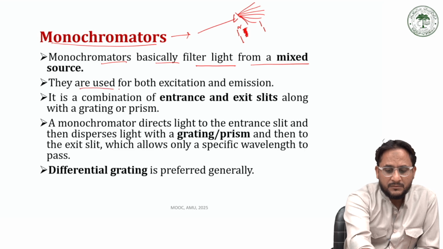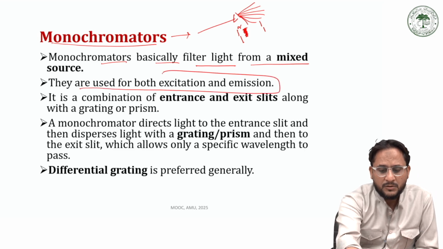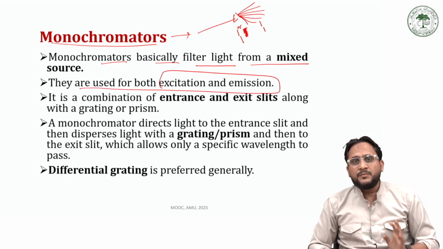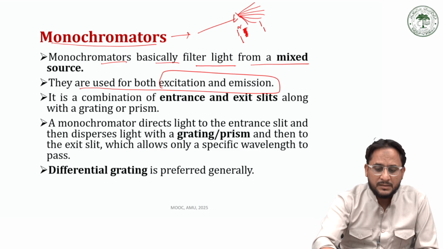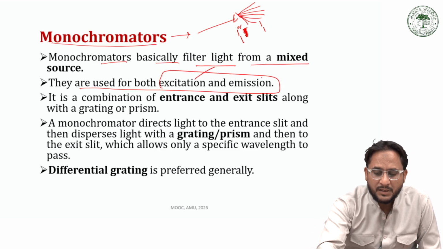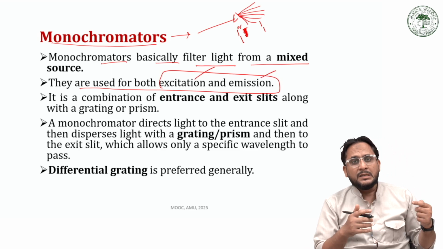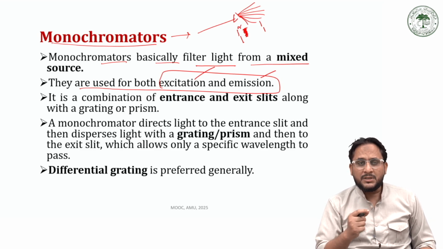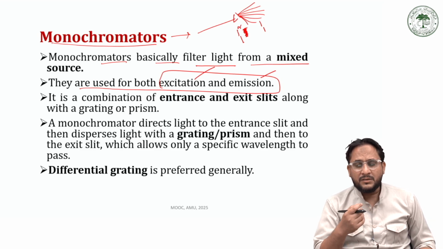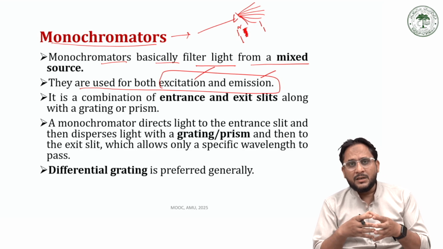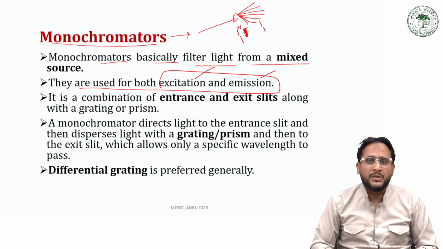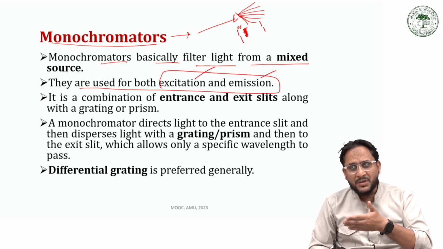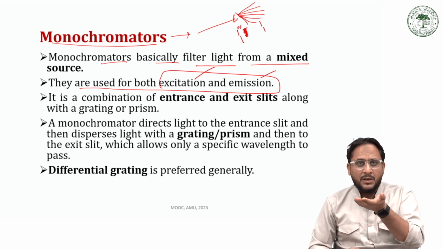Since fluorescence spectroscopy involves two types of signals, an excitation signal and an emission signal, there are two wavelengths of light. In the first case, the incident radiation is passed through a monochromator, then enters the sample tube where it is absorbed by the sample, and electrons are excited to a higher level.